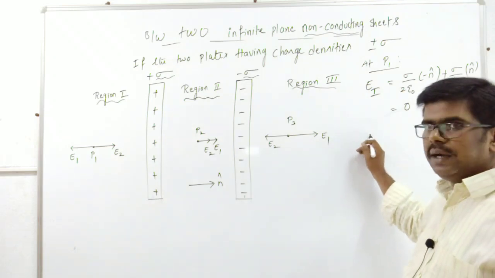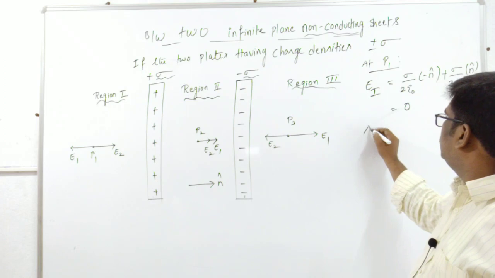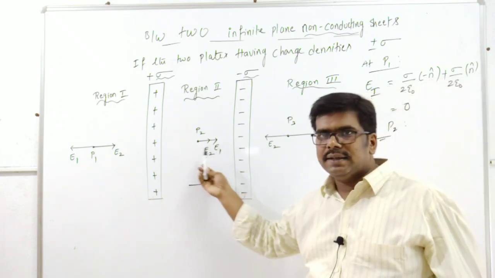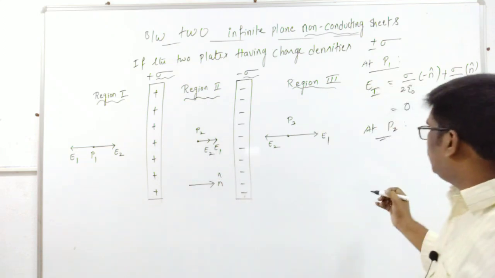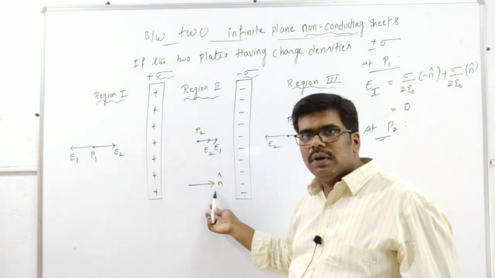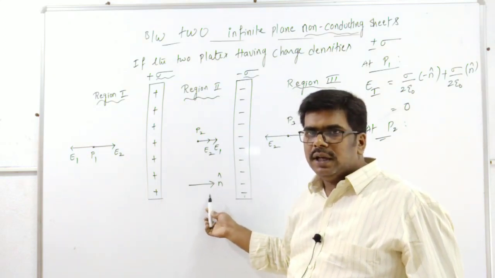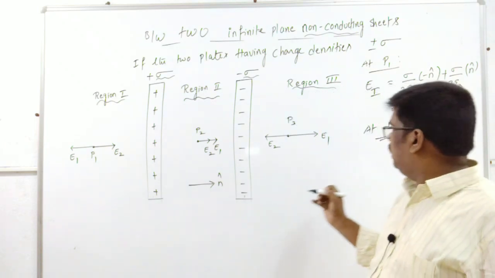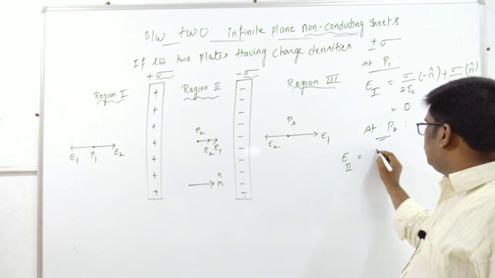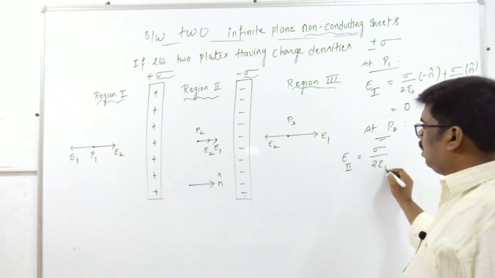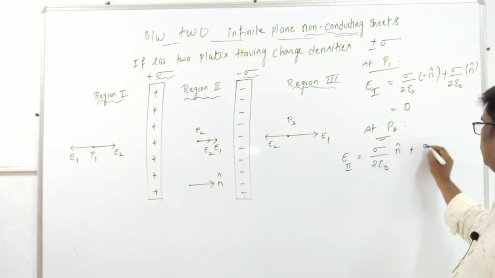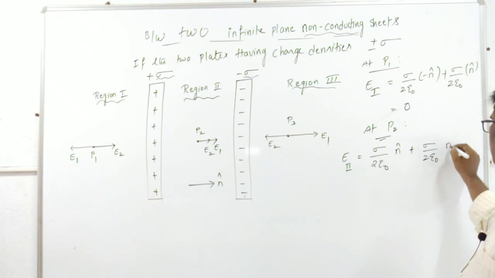Similarly, if you observe at P2, here the electric field intensities are both along the same direction, along the direction of the unit vector. So we can write the same positive unit vector for both of them. The electric field intensity at P2, that is in region 2, is sigma by 2 epsilon naught positive n cap plus sigma by 2 epsilon naught n cap.